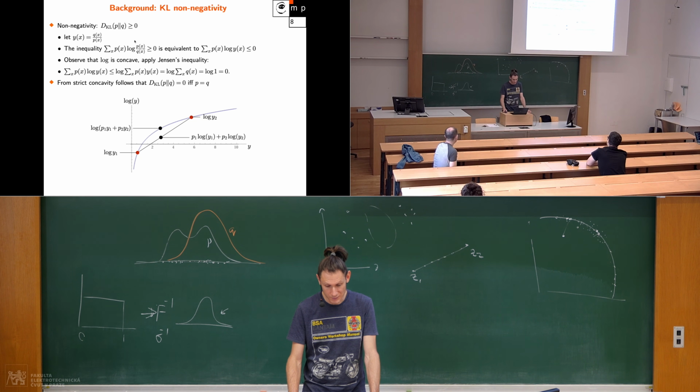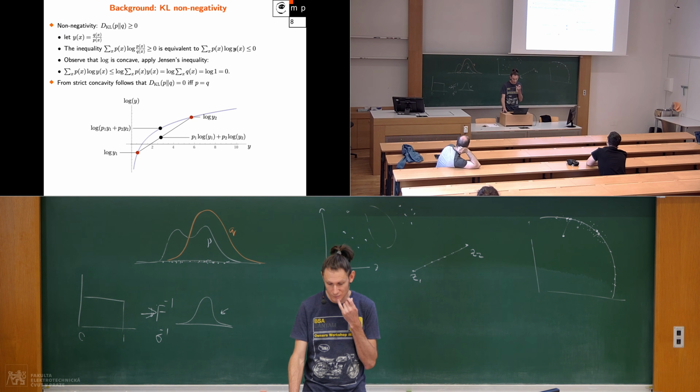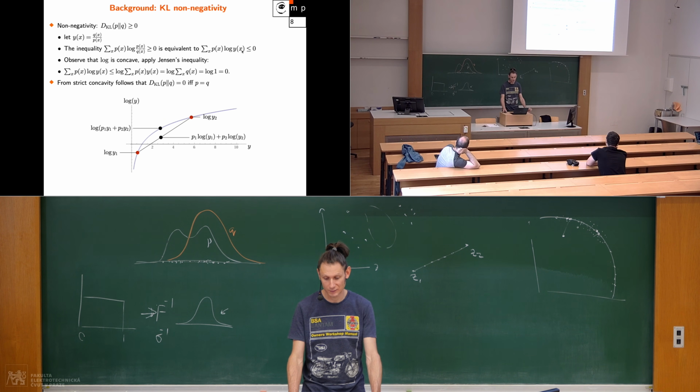And how do we do this? We define this ratio, let this ratio be denoted as just y of x. And so we have the inequality like this, logarithm of y of x. What we observe about this is that p of x is the distribution, and this is a sum over this distribution. So it's like convex combinations of logarithms of y's at different points x.